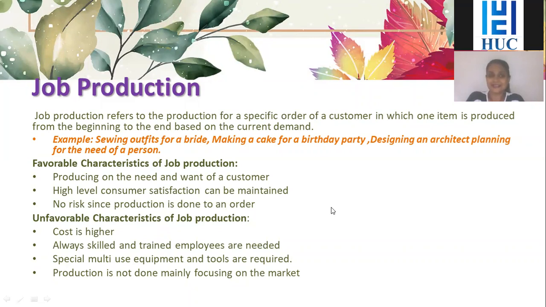Unfavorable characteristics: cost is higher. The thing is, you're producing one at a time, so when you're buying raw materials you cannot buy in bulk. When you're buying in bulk, you can get discounts. But when you're buying raw materials in very small quantities, normally it's costly, right? No bulk discounts there, so therefore cost is high.